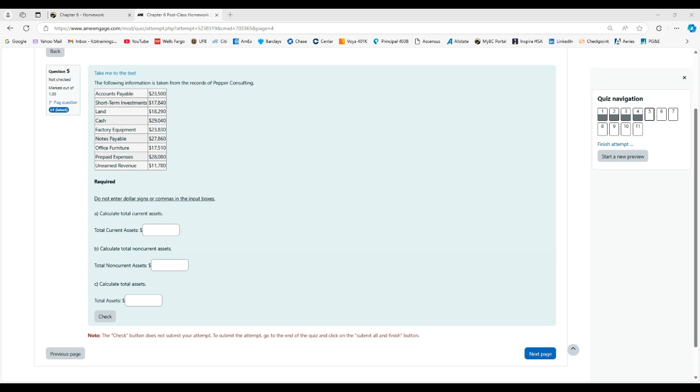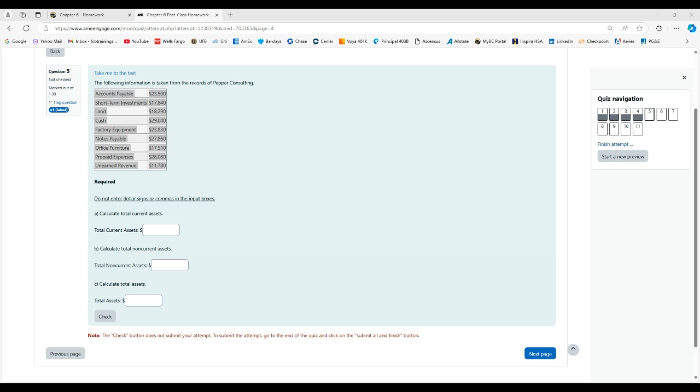So what we need to do is just separate this all out and even identify first, as a first step, what are all the assets and what are the liabilities and equity, because we can't figure out current, short term, etc. if we haven't separated those pieces out.